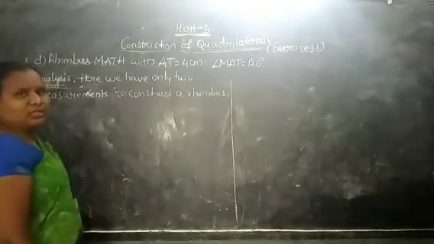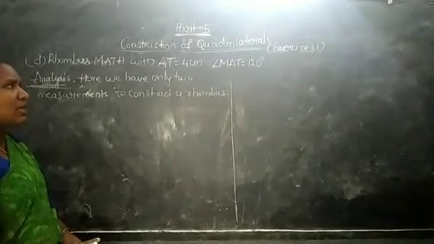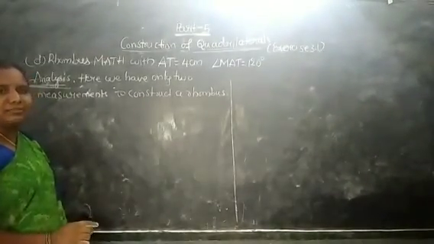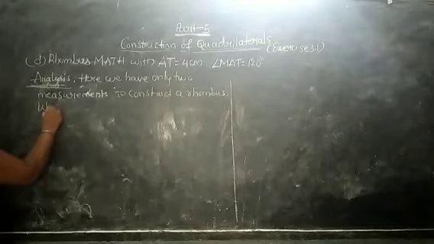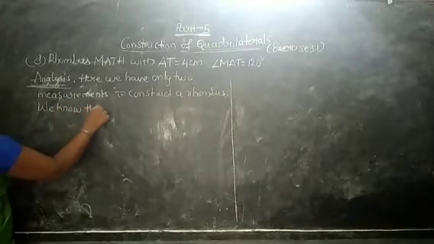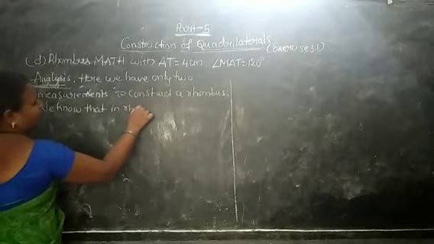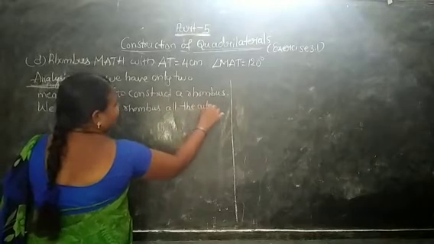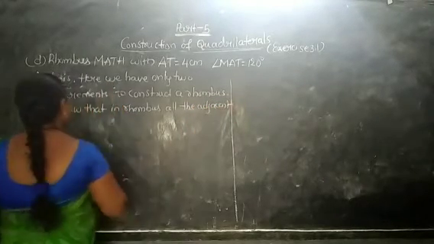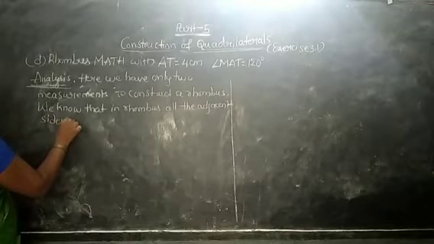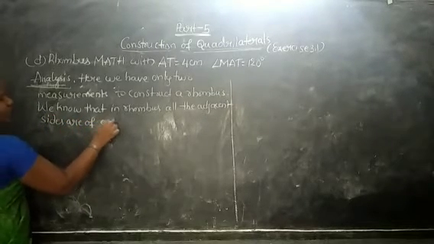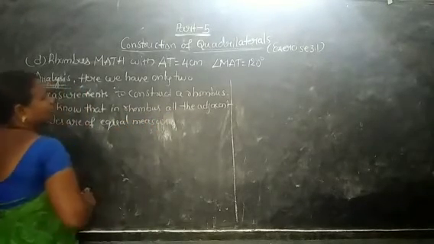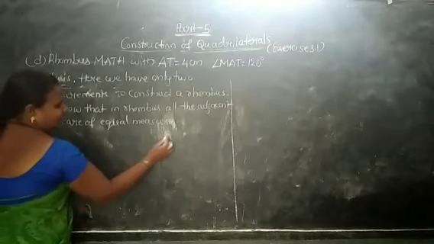We know that in a rhombus, all the adjacent sides are of equal measure.